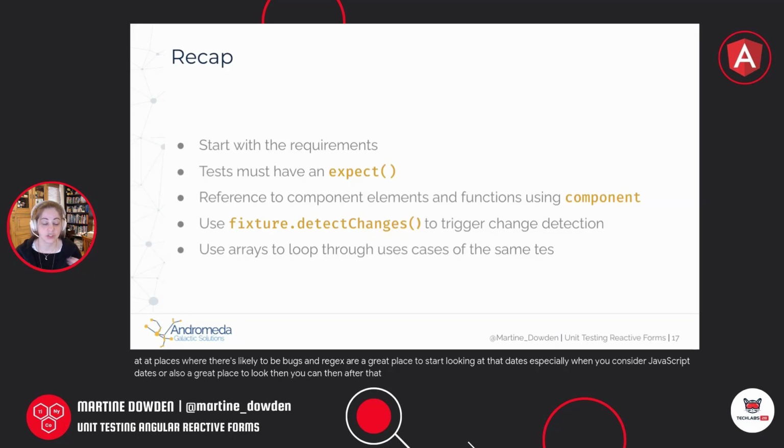Then after that, it's just a matter of building the test, right? All of the tests are going to have an expect. You can get to your component pieces, so I can get to my form by doing component.form. I had named it form in the JavaScript, but it can be anything else. Fixture detect changes in a reactive form isn't quite as necessary.